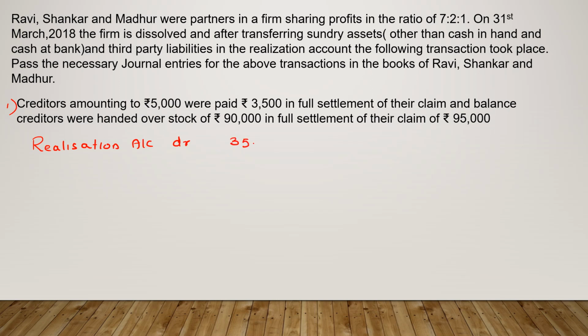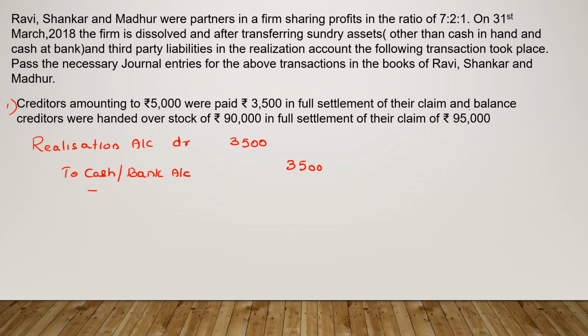So we write 3,500 and show the settlement by crediting cash or bank account. So on the debit side of realization account, you have 3,500. The net effect of the settlement being made at a lesser amount automatically comes into the realization account. So this is for the creditors being paid off in full settlement of the claim at a lower amount.